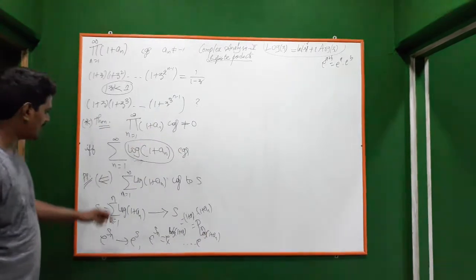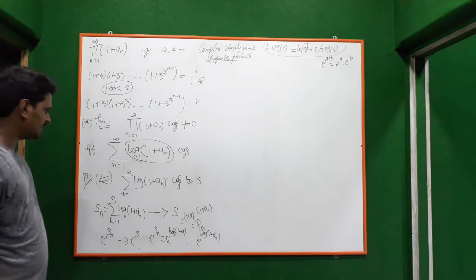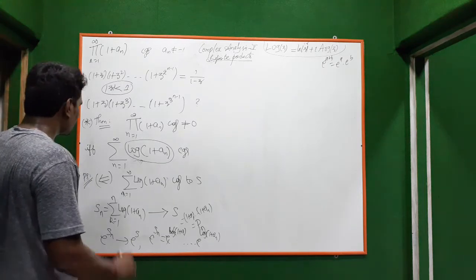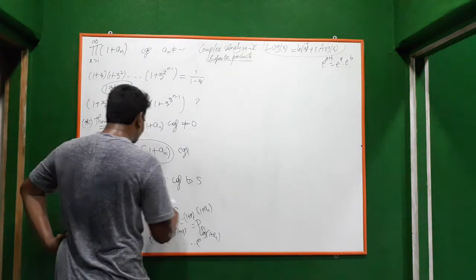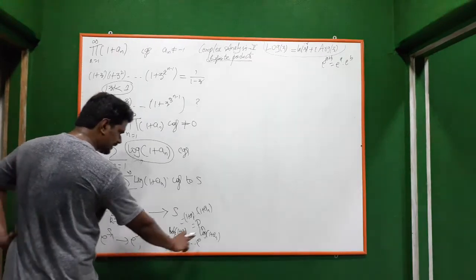Pn is the partial product of this product. So we have found that e power Sn is nothing but Pn.